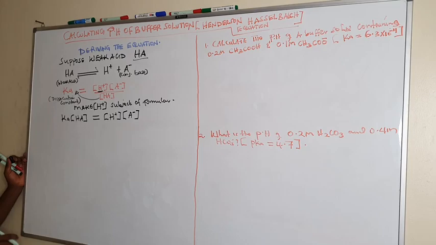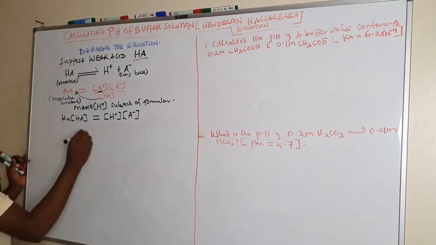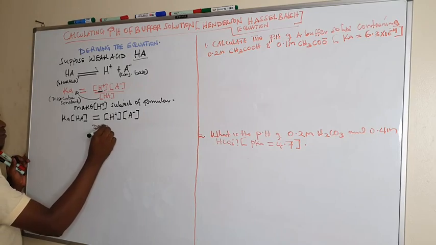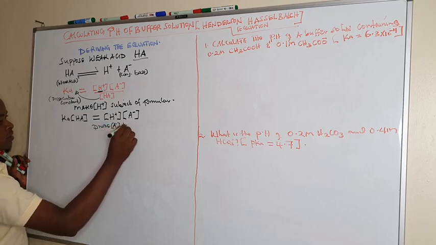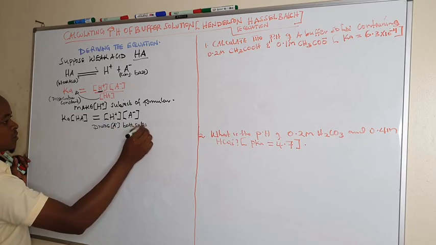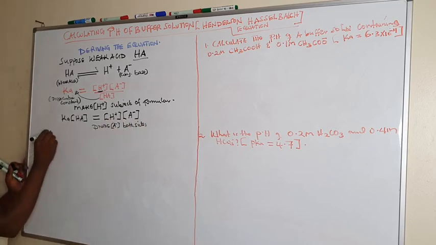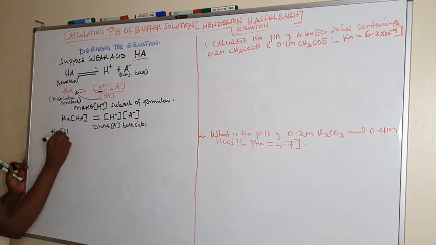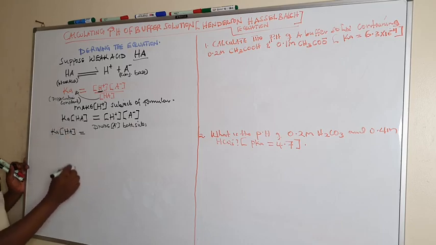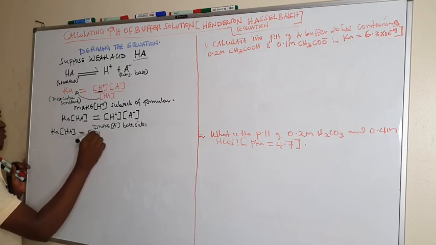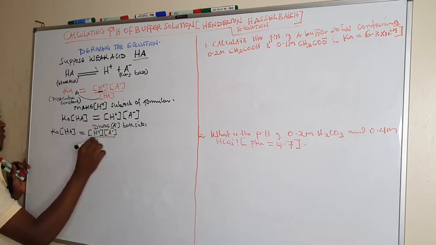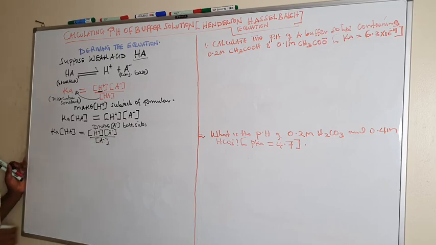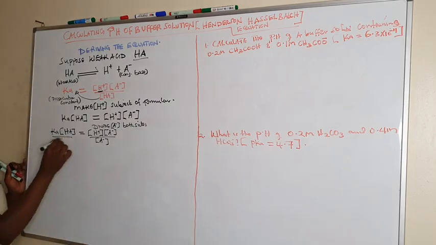Remember, we want to make hydrogen ions the subject of the formula, so we divide both sides by the conjugate base.